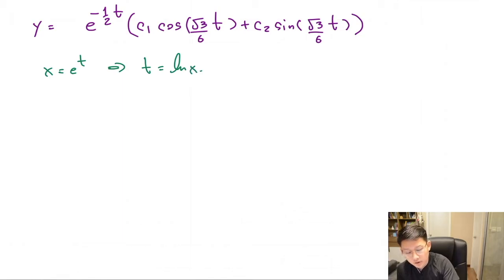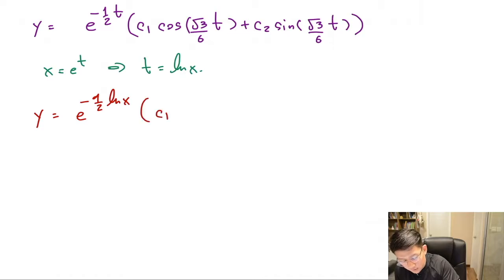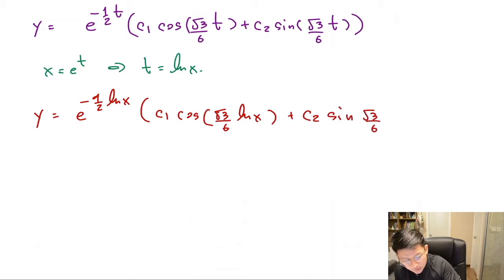So the solution is y equals e to the minus 1/2 log x, times c1 cos square root 3 over 6 log x plus c2 sine square root 3 over 6 log x.